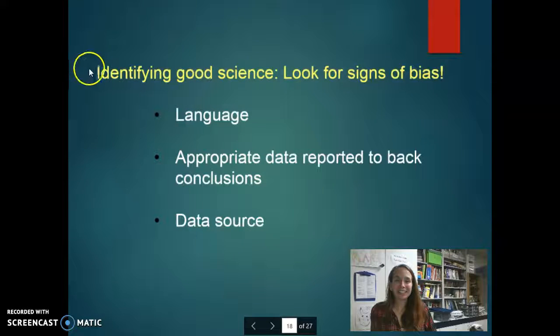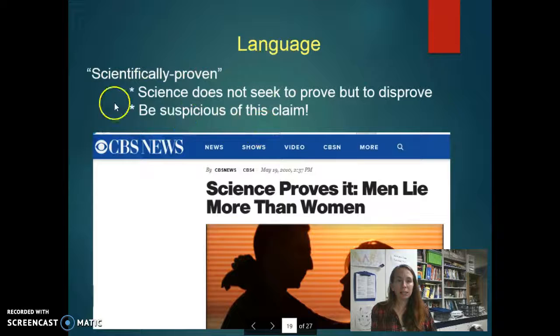Looking at the article itself, the things to look for when you're looking for a sign of bias is the language used, the data that was used, and the source of the data. Looking at language, if it ever says scientifically proven, right here it says that science does not actually prove, but it seeks to disprove things.